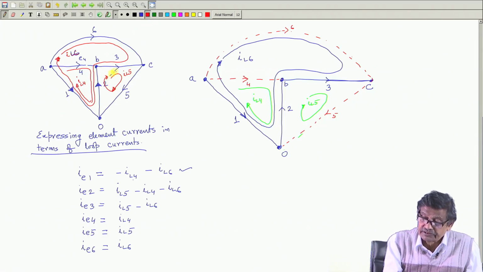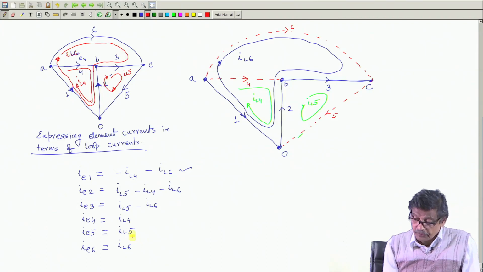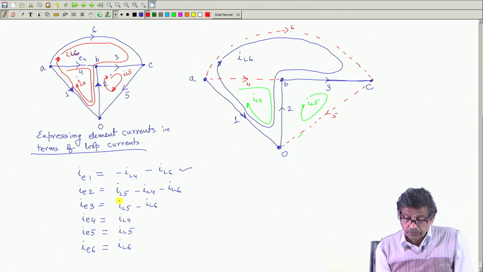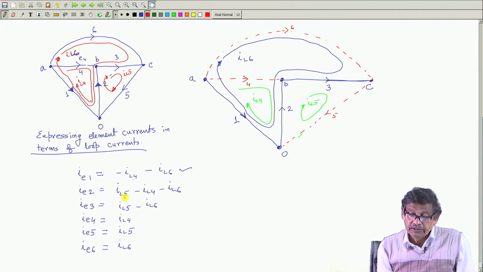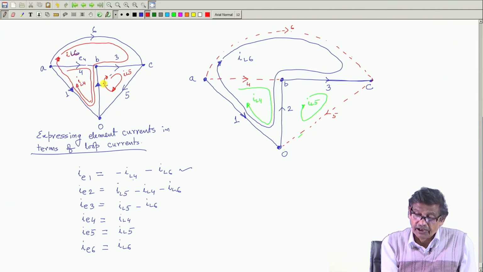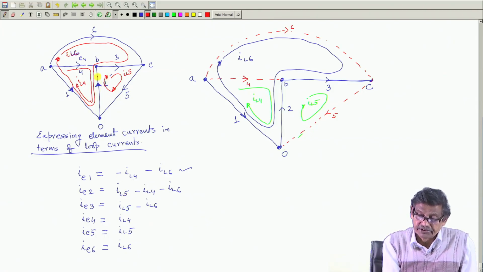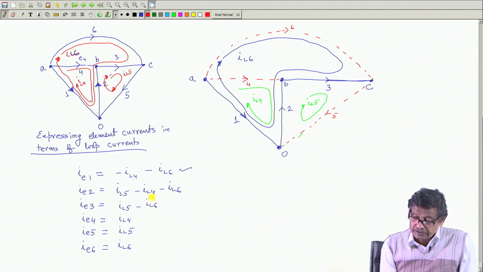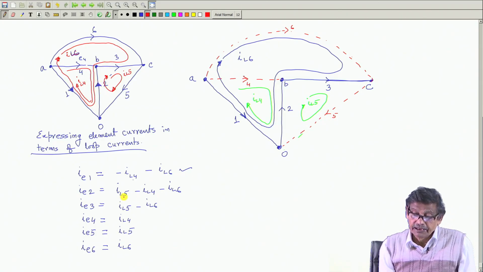It will complete the circle. So, here all the three loop currents will be there in IE2, of which IL5 will be in the same direction as IE2. Therefore, it will be IL5 minus IL4 minus IL6.